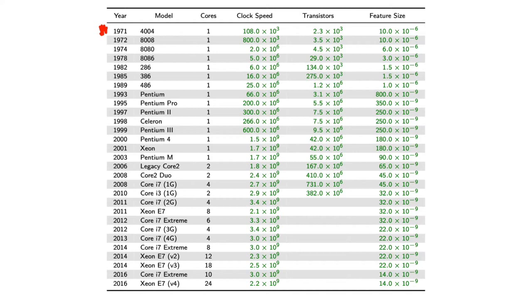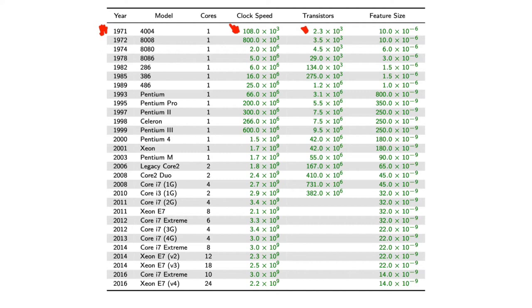Back in 1971, when Intel introduced this very first integrated circuit microprocessor core, these were some of the relevant characteristics. It had a quite slow clock speed by today's standards, 108 kilohertz, right? Not megahertz or gigahertz, but kilohertz. It consisted of 2,300 transistors. That's a very common metric that's used to gauge the complexity of a chip: how many transistors have been laid down on the silicon surface to implement whatever functionality that chip does.